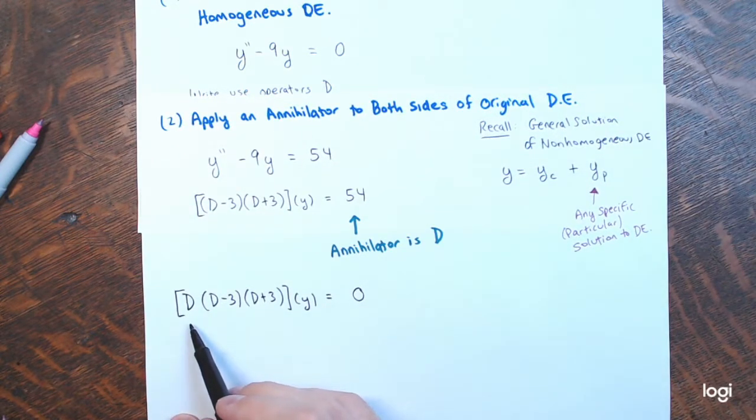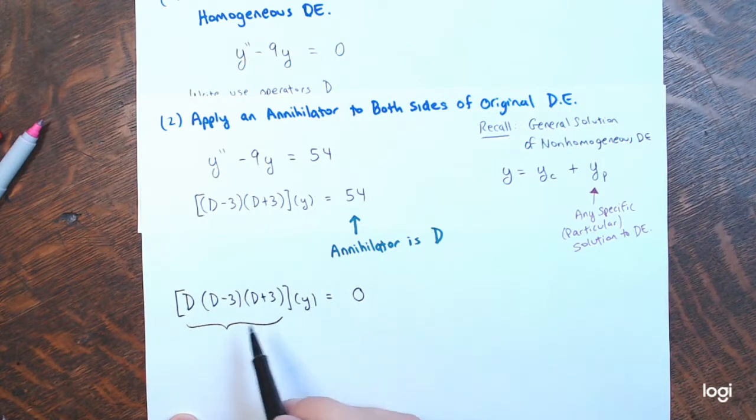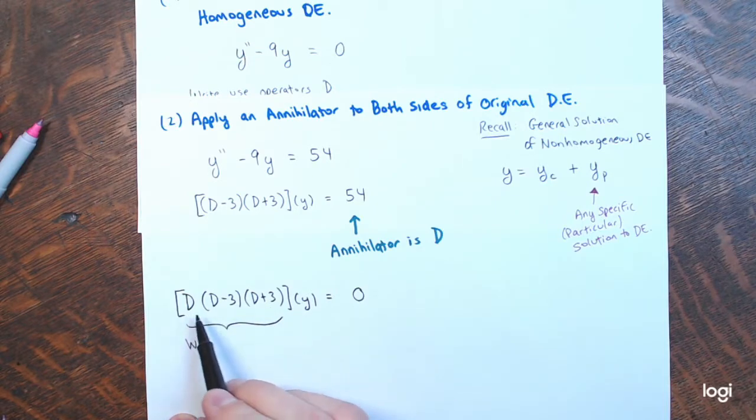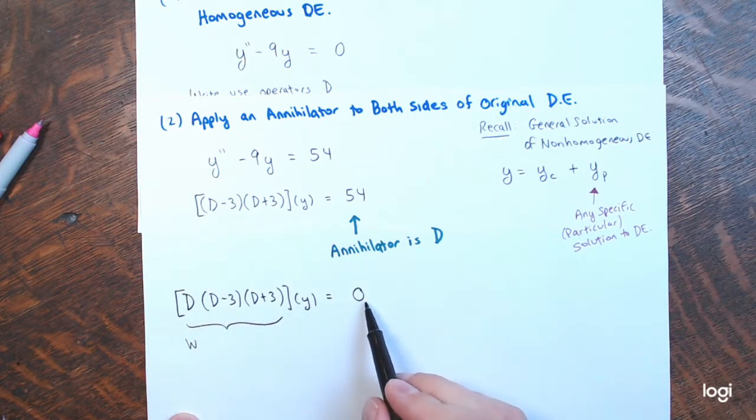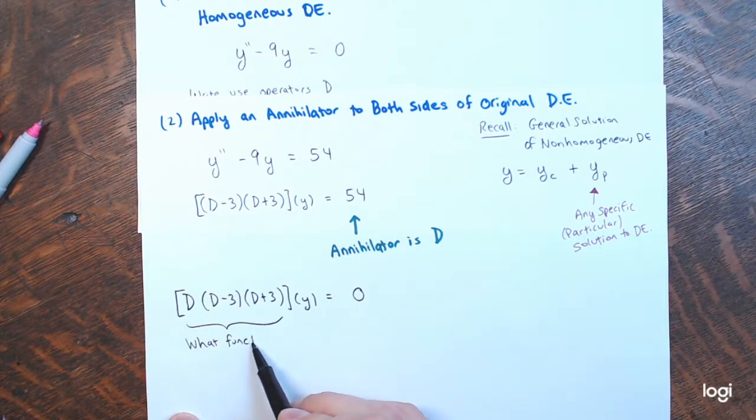And then we think again, where I'm trying to solve for y here, what kind of functions are annihilated? Because we have this operator applied to y as 0, so it's annihilated. What functions are annihilated by this operator, D times D minus 3 times D plus 3?